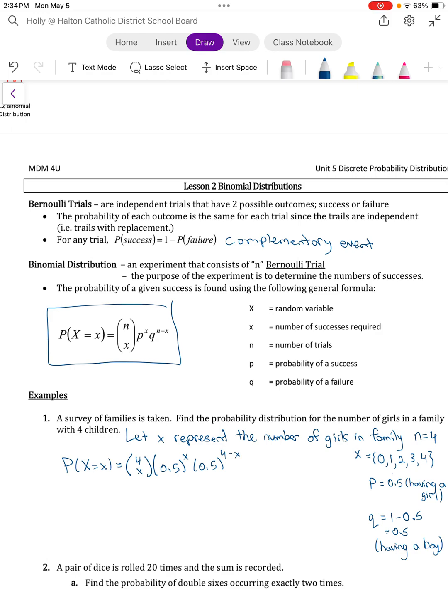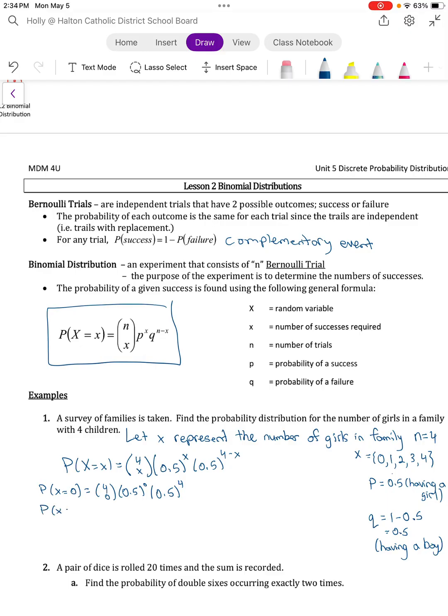So now we need to find all the different probabilities here. I'm not going to have a lot of space here, so I'm going to try to write it a bit smaller. P of x equals 0, so I'd have no girls. That would be 4 choose 0 times 0.5 to the exponent of 0, 0.5 to the exponent of 4. I'd have all boys.